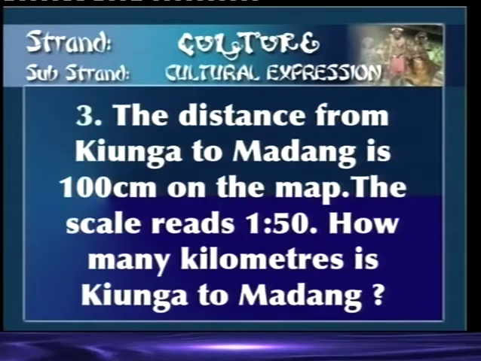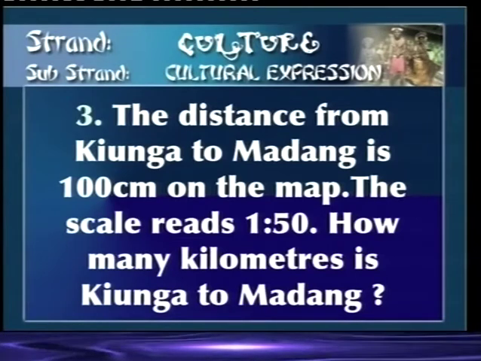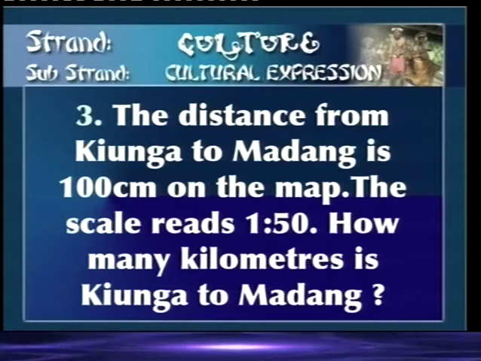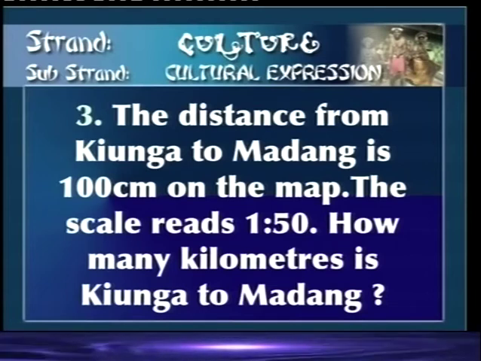Question number 3. The distance from Kiunga to Medeng is 100 centimeters on the map. The scale reads 1:50.